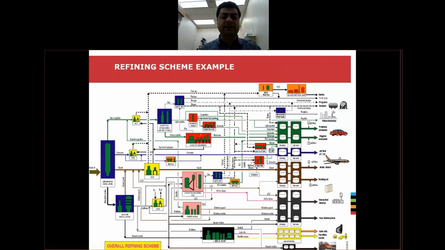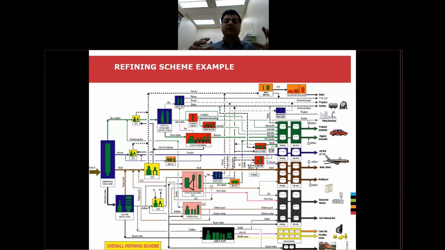For example, consider this big scheme of a crude oil refinery. You see the simple crude oil enters the refinery starting from a distillation column, but up to the end, when you produce the final products for different purposes, before you reach the end point, you can see there are many different processes involved in a crude oil refinery.